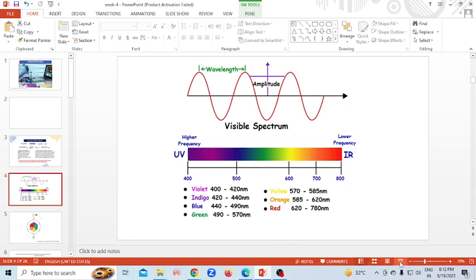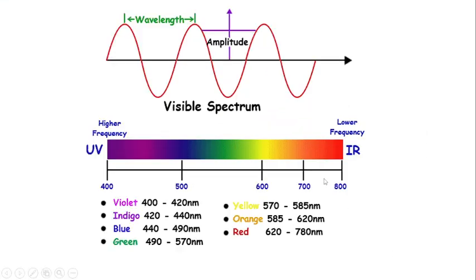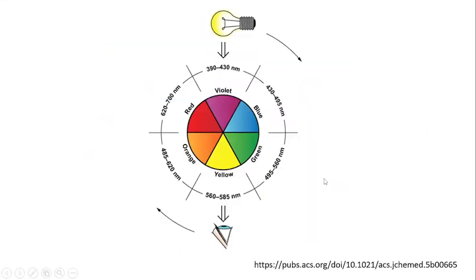Okay, so this is the second slide. There are two cases. Suppose light is falling from this bulb, visible light is falling. Your sample will absorb a particular wavelength and it will emit a particular wavelength.